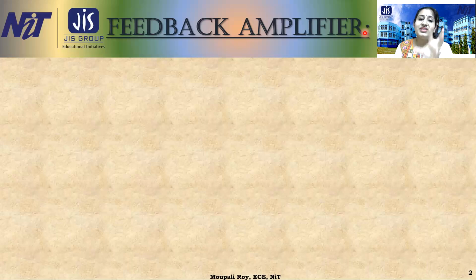From these two names, feedback and amplifier, if they come together, then what can we say? After taking the feedback, when we give the feedback to the input, and after getting this feedback, whatever amplification happens in the amplifier, that is the basic concept of the feedback amplifier. Okay, so that is the feedback amplifier.